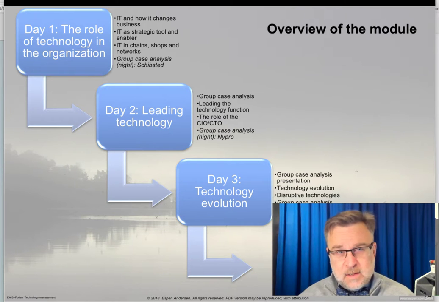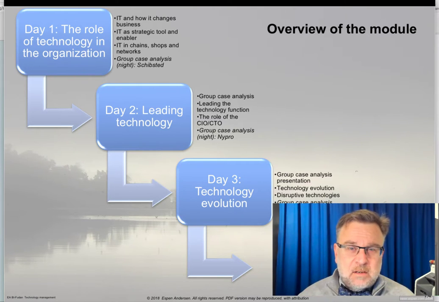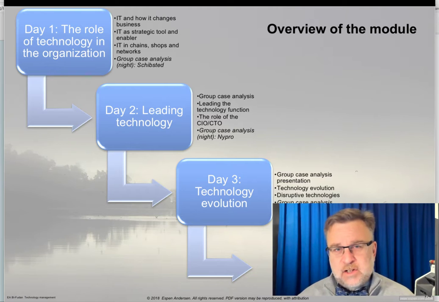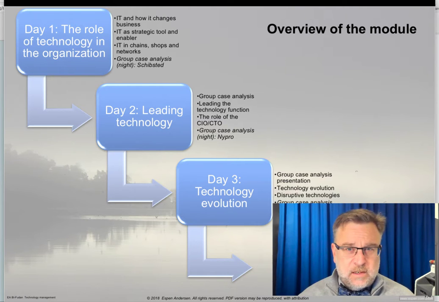It is perhaps one of the most difficult management challenges, how to defend yourself when somebody is hitting you with a disruptive innovation. So you need to understand what it is and what you can do about it.